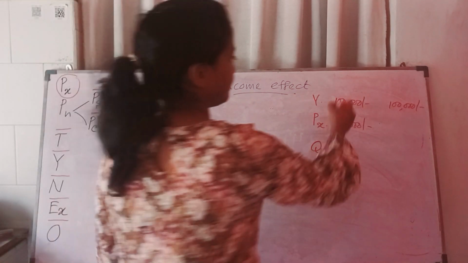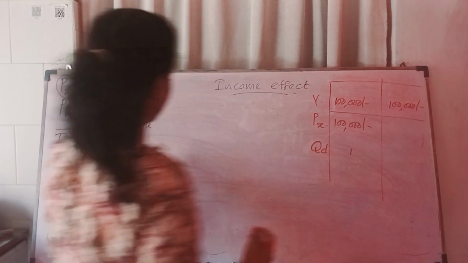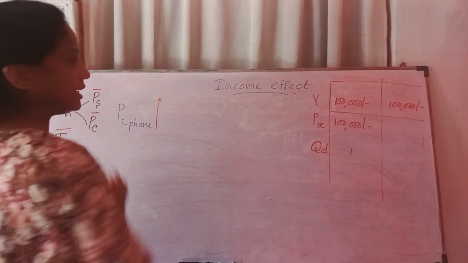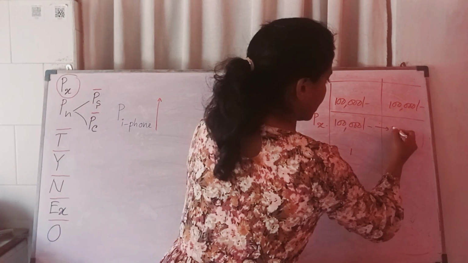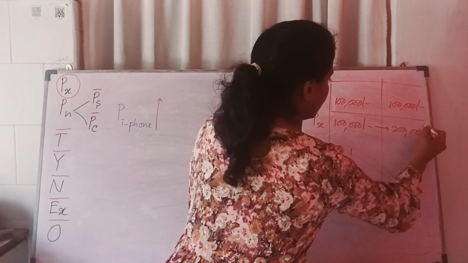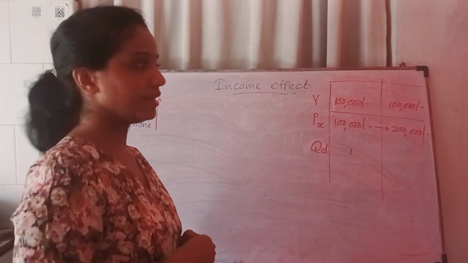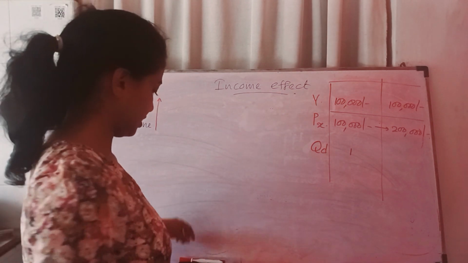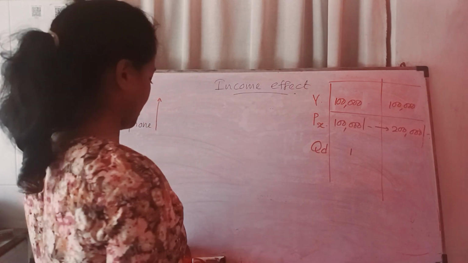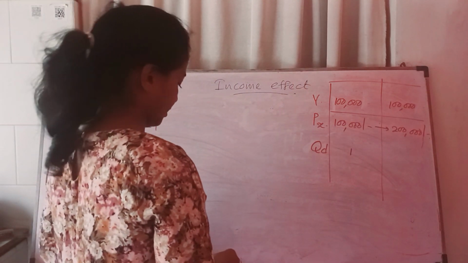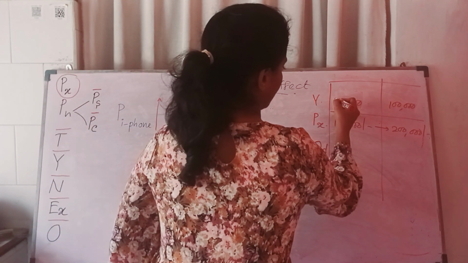Then what happened? Okay, let's assume what happened to the price. Here, price of the iPhone increases from 100,000 to, let's assume, 200,000. Here, let's say our nominal income is 400,000.